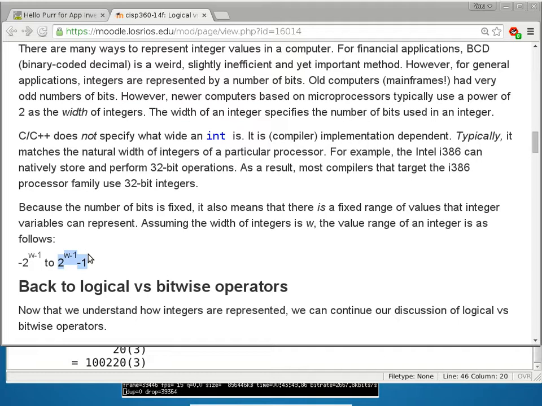That's why you see on the whiteboard here I have this calculation, which is based on 32-bit. If we allocate 32 binary digits to store an integer, what is the most negative quantity that we can represent? We have 2 to the power of 32 minus 1, which is 31, and the negation is on the outside. The way we do the estimation is we look at 1,000 in base 10 and say that's pretty close to 1024, and 1024 turns out to be exactly 2 to the power of 10.